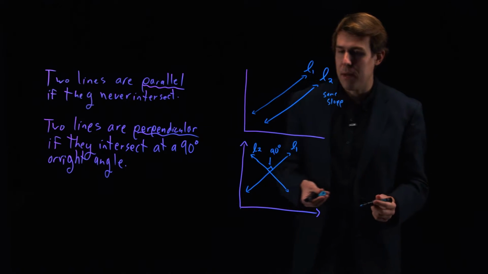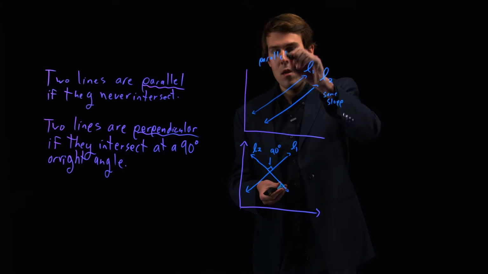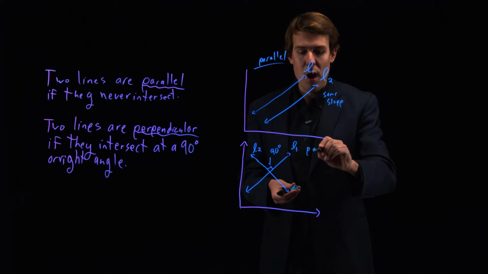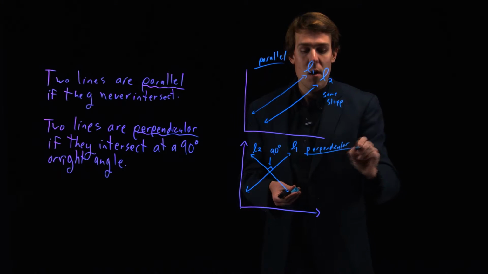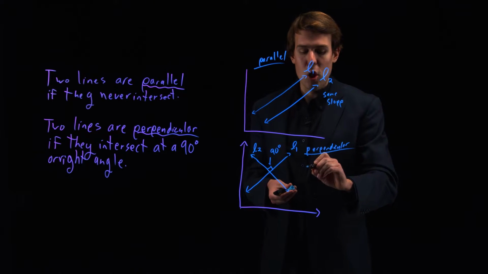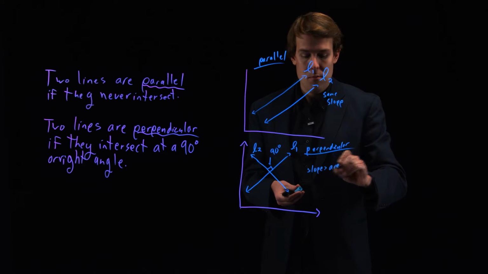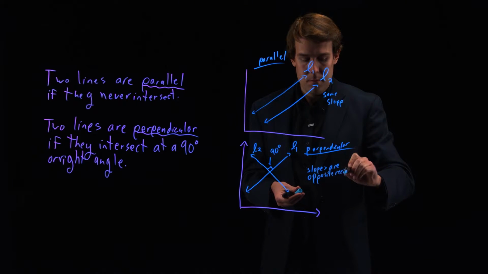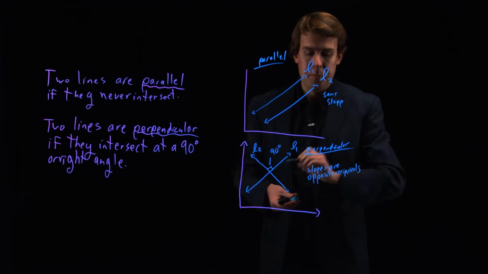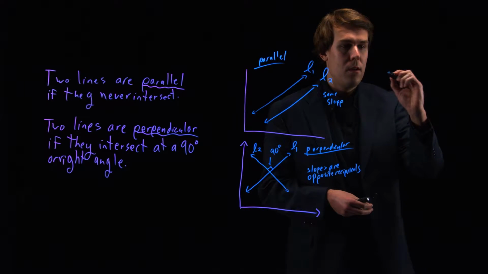In the picture for perpendicular lines, perhaps it's not as obvious that there's a relationship between the slopes, but there is. The slopes are opposite reciprocals.